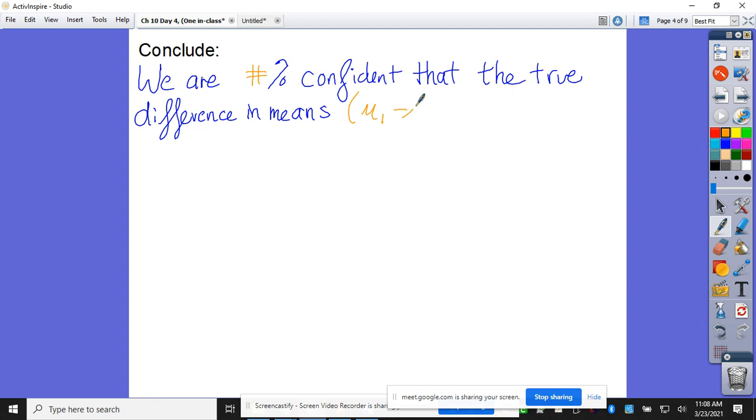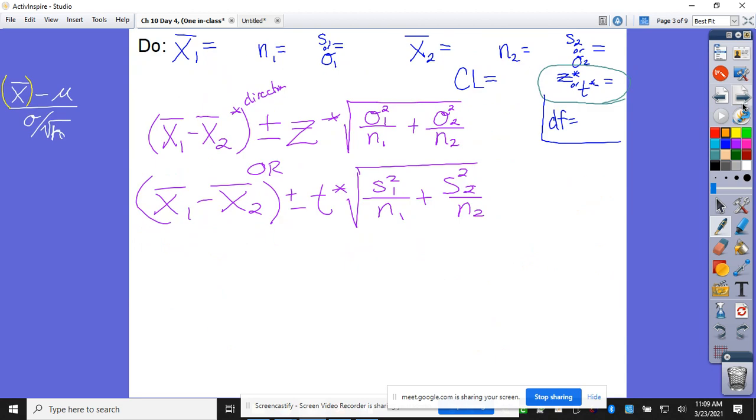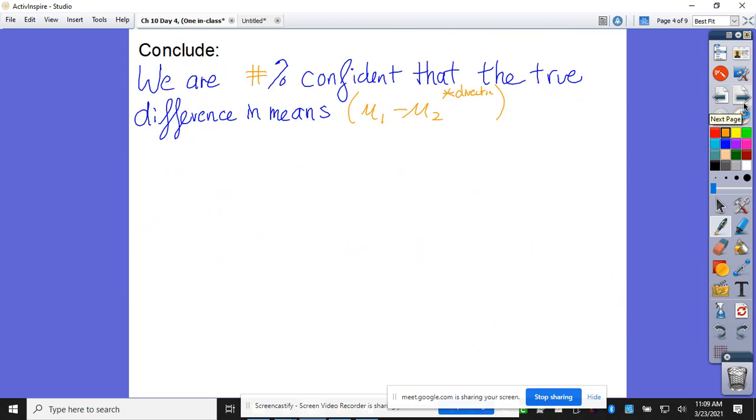Same specified direction. So whichever direction you pick should match here. 1 minus 2, 1 minus 2, 1 minus 2. You just got to keep that same direction the whole time. And then difference in means what? And what's the one tiny thing that we have to do a little bit different because it's means, because proportion didn't have it? You have units now.